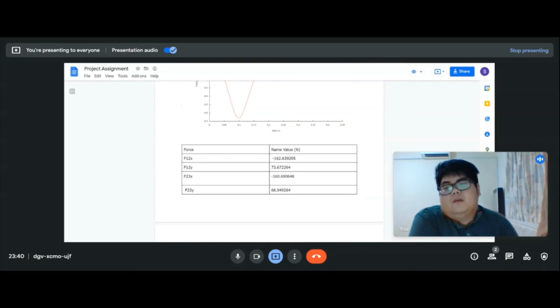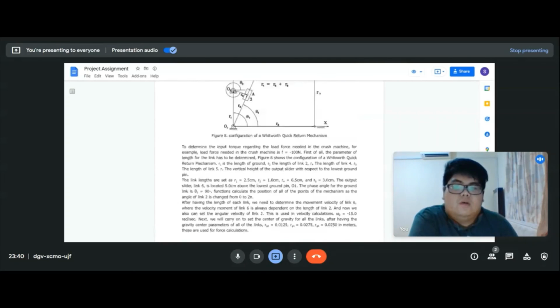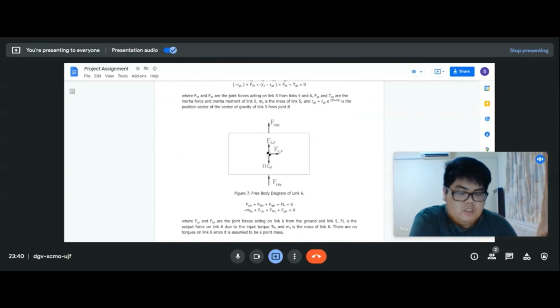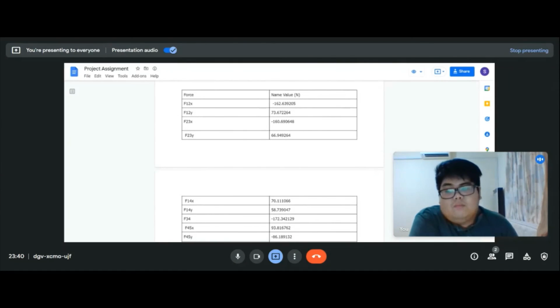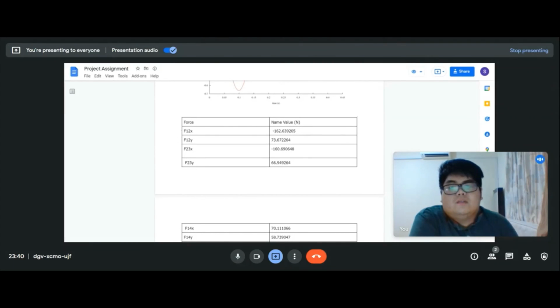Okay, and then we have calculated the force, which I have introduced to you about how we calculate the force in each link. So we plug in all the parameters, and then we calculate this force from the input torque, which acts in x direction and in y direction.